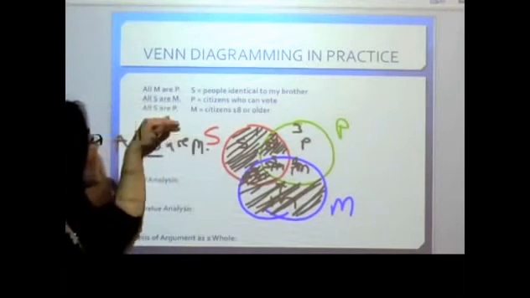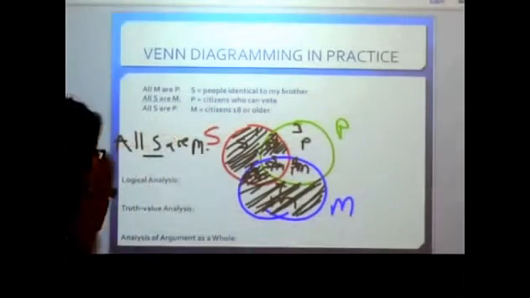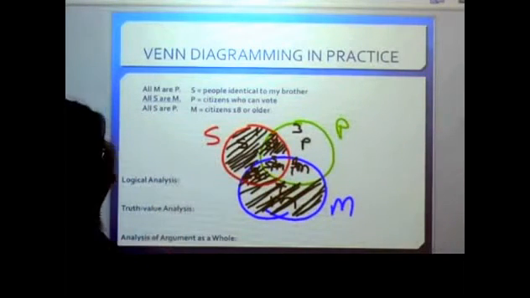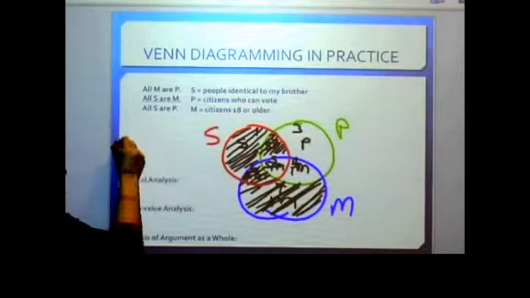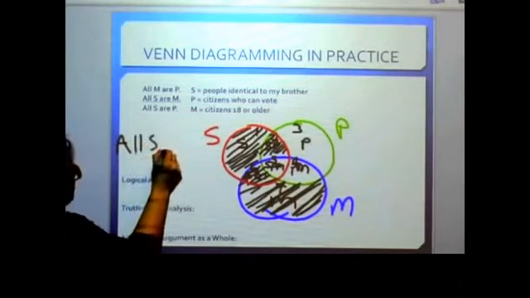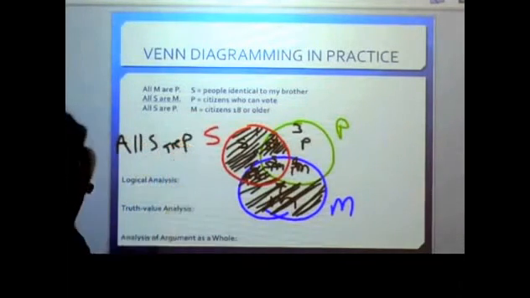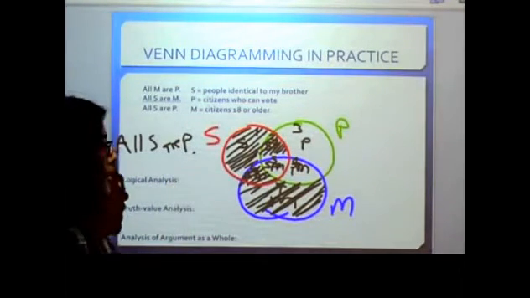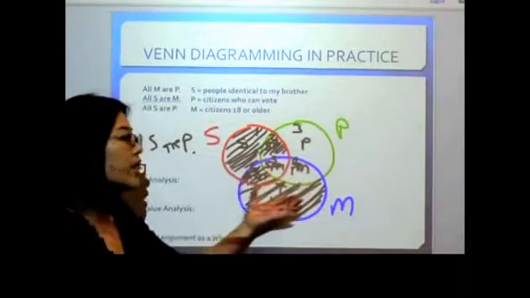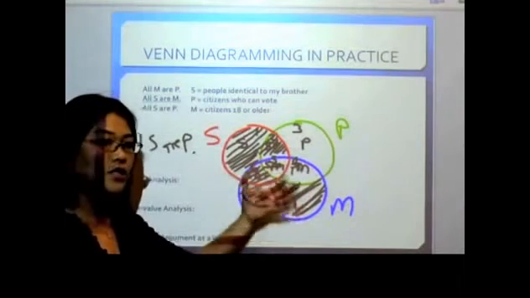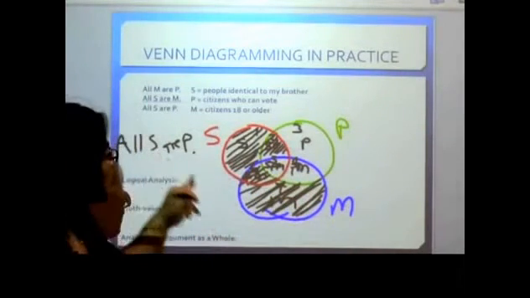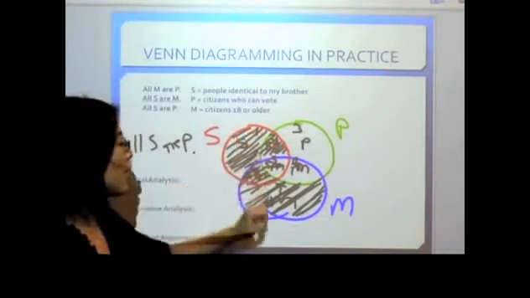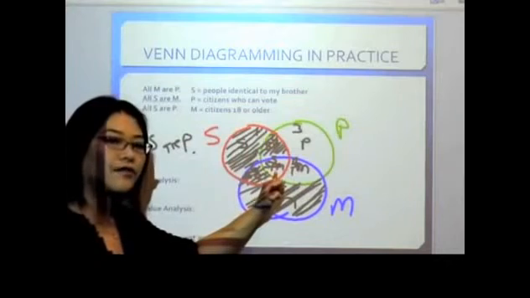So look at our conclusion. We're not going to diagram the conclusion, but we want to just look at it. The conclusion is all S are P. So we want to look at our diagram here to see whether or not it's the case that all those things that are S's are actually P's. Notice how the only area that's left in the S circle is this area here, area 5.